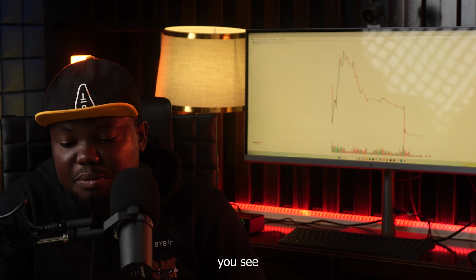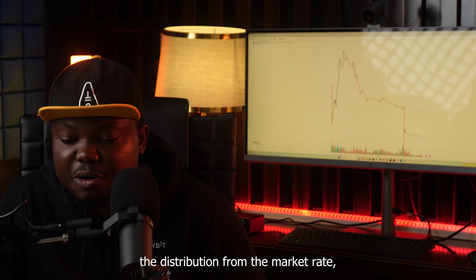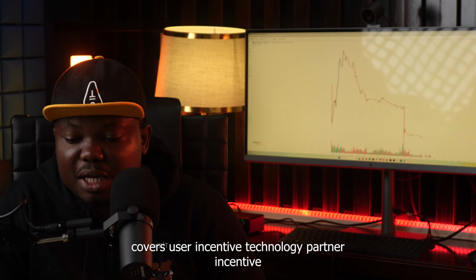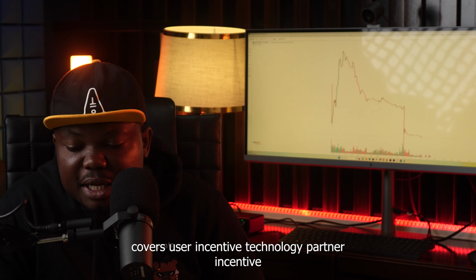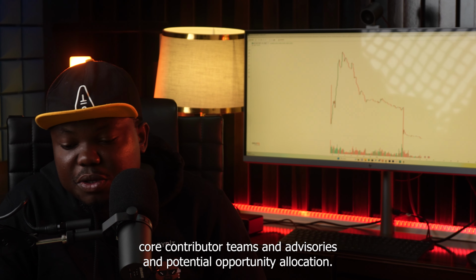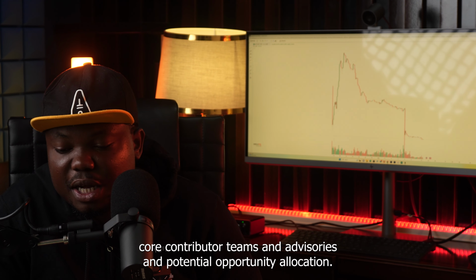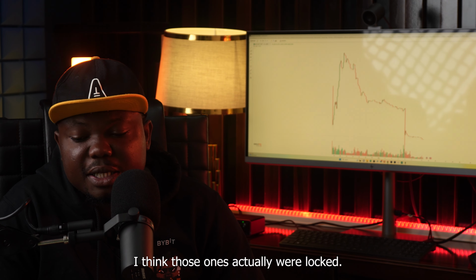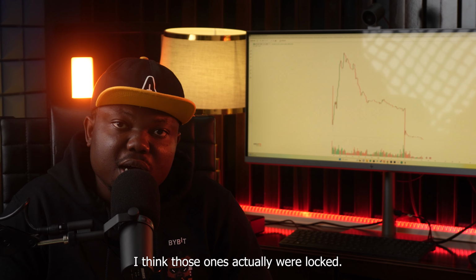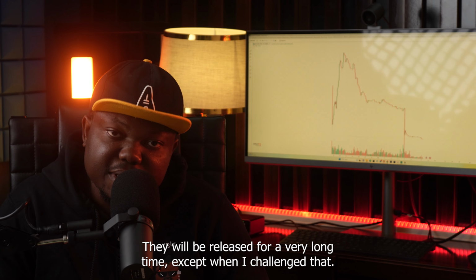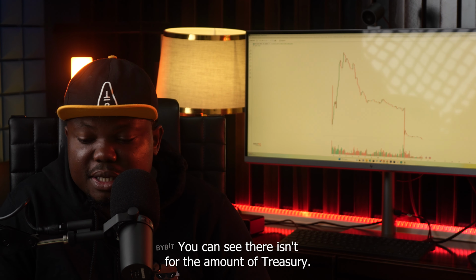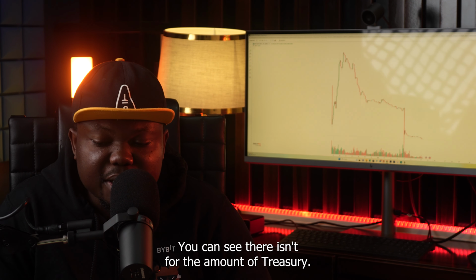You see, the distribution from the Mantle treasury covers user incentives, technology partner incentives, core contributor teams and advisors, and potential opportunity allocation. I think those are very locked, and they won't be released for a very long time except when needed. You can see the reasons for the Mantle treasury.